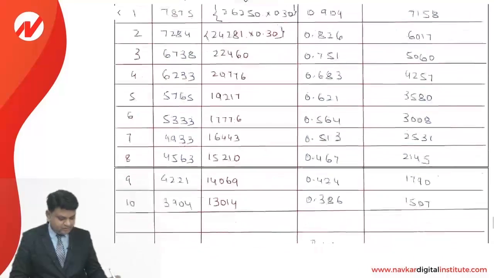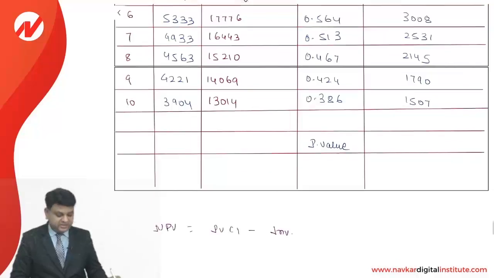So the total of all of them is equal to 37,053.